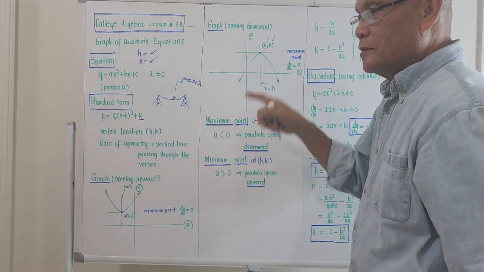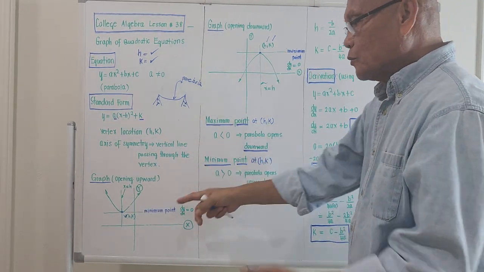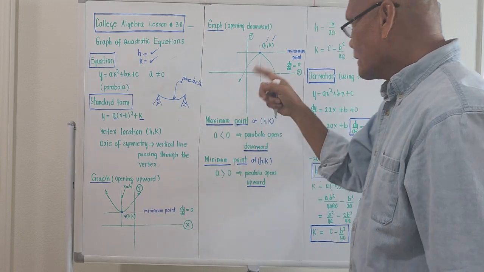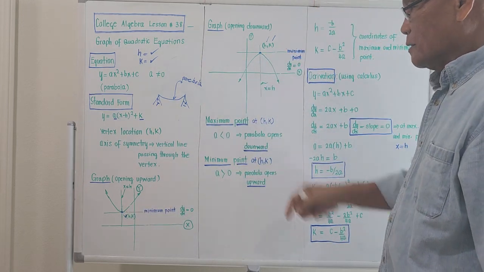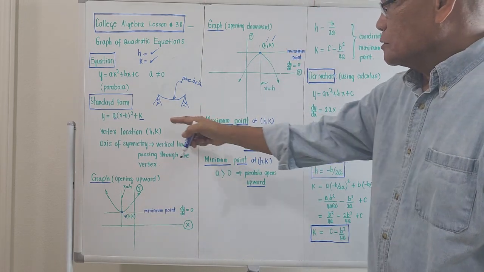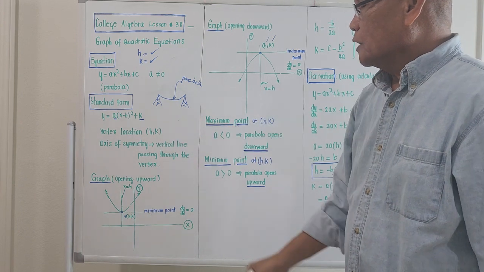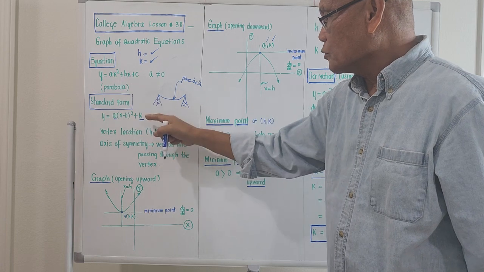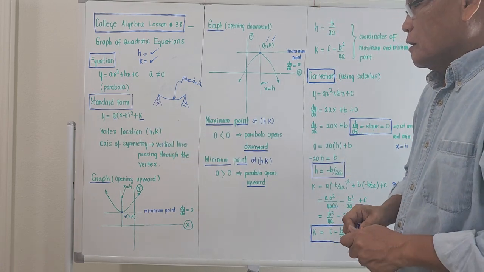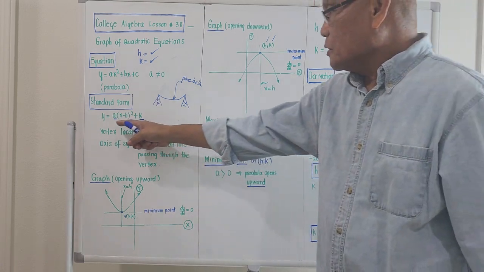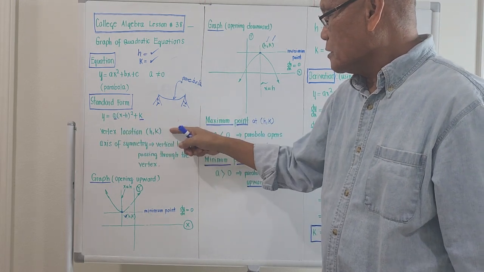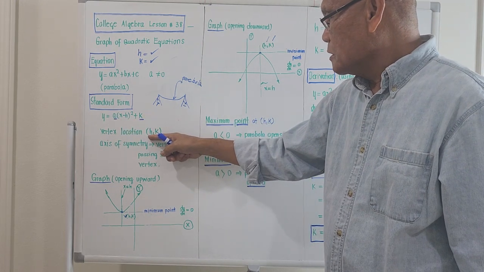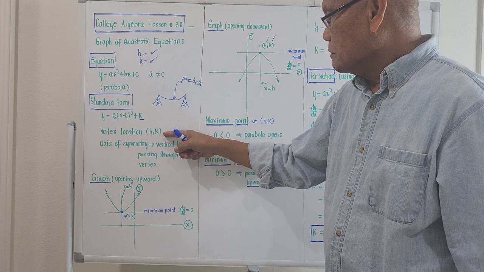The vertex is the lowest point on the parabola, or the highest point on the parabola if it opens downward. That's the equation: y equals a times the quantity x minus h, quantity squared, plus k. The vertex is located at the coordinates h, k, meaning the abscissa is h and the ordinate is k.